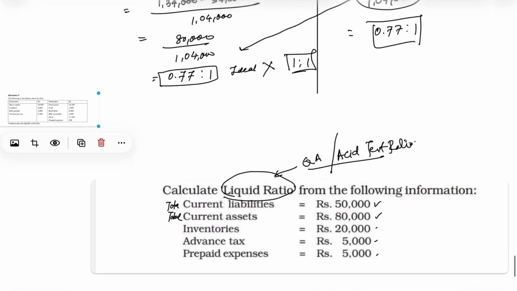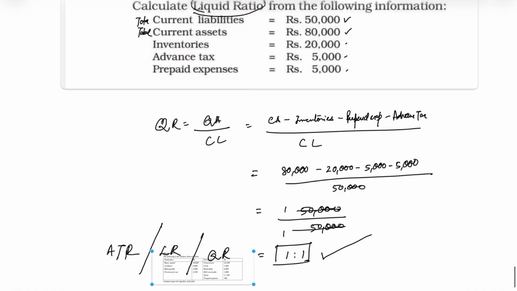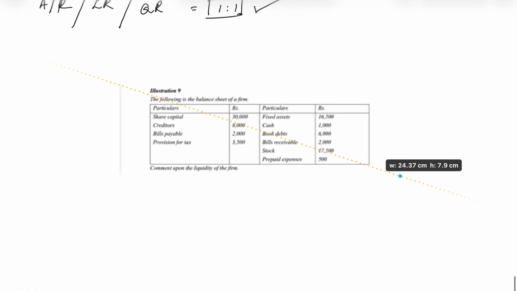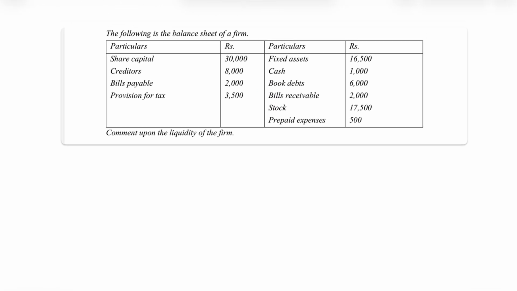Okay, let's do one more question on quick ratio or acid test ratio. The following is the balance sheet of a firm: share capital, creditors, bills payable, provision for tax. Assets: cash, fixed assets, book debts, bills receivable, stock, prepaid expenses.